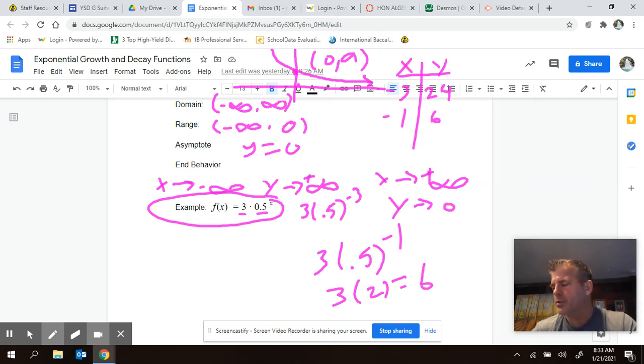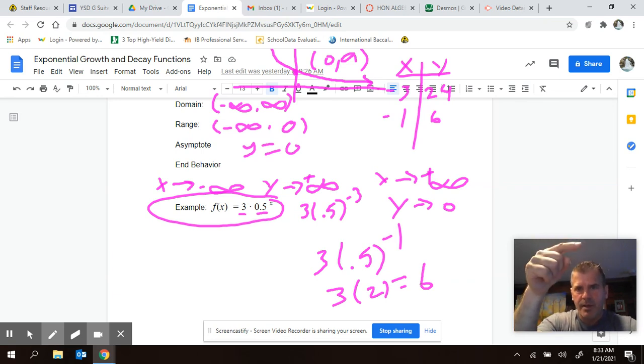Again, check that. If you don't trust me, I'll check it too. But we'll raise that to the -1. We get 6. So that means that it started up at 24. Think about that. At -3, it's up at 24.